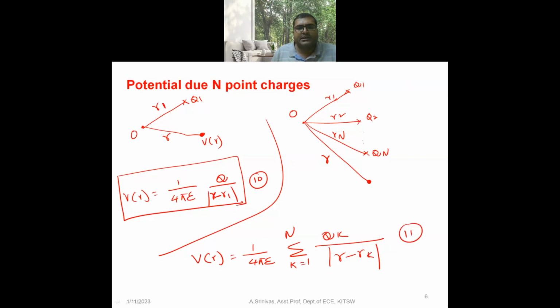Let it be equation number 11. Here equations 10 and 11 are useful in solving problems. You are supposed to remember these two equations.